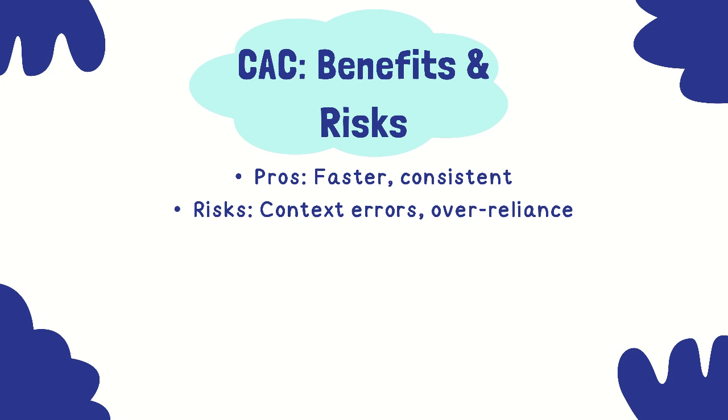CAC can suggest inaccurate codes if the clinical context isn't fully considered. That's why they need us. It may overcode or undercode if coders don't validate the suggestion. For example, a provider's ambiguous phrase like probable sepsis may cause the CAC to incorrectly assign a confirmed sepsis code.